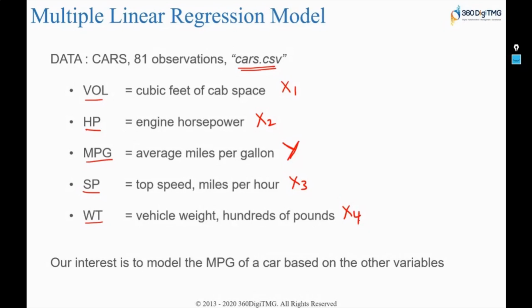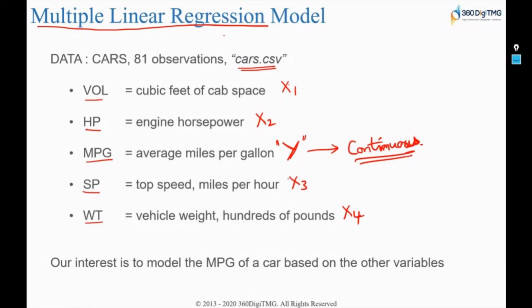You have four inputs, and we want to predict the mileage of a vehicle. Mileage of a vehicle is usually continuous. How much mileage does your vehicle give you? That's continuous data. And if your output variable is continuous and you have multiple inputs, you proceed with multiple linear regression.